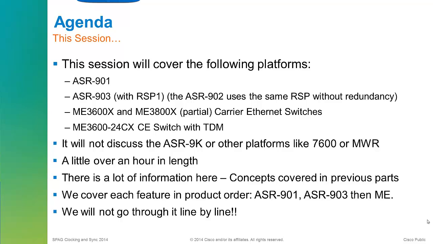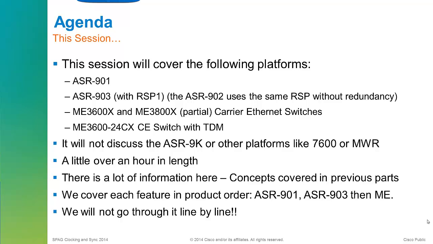Then we have an ASR 903, which is a pre-aggregation router. The current switch module is called an RSP1. There's a new RSP2 coming, and the features will be pretty much in line very soon. The first release mightn't be 100% compatible, but by the next release the idea is to have full compatibility.